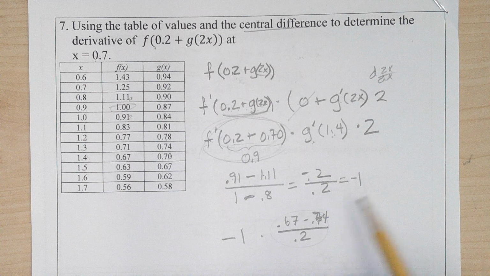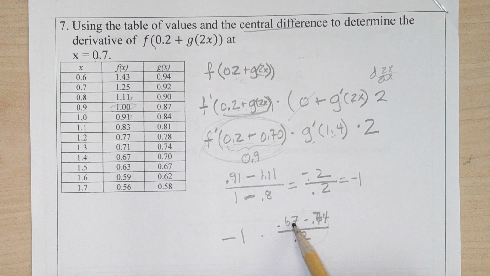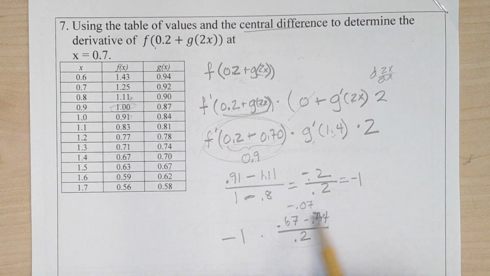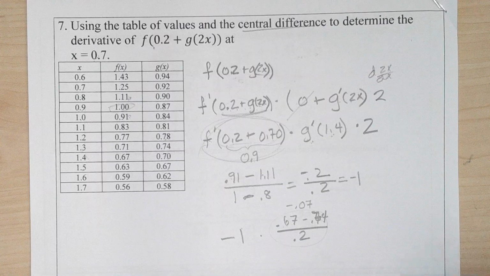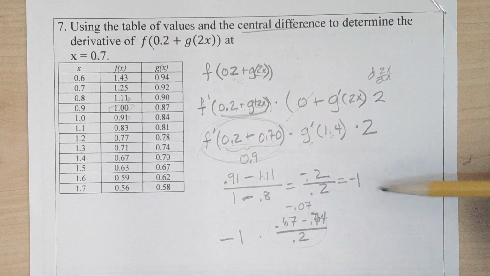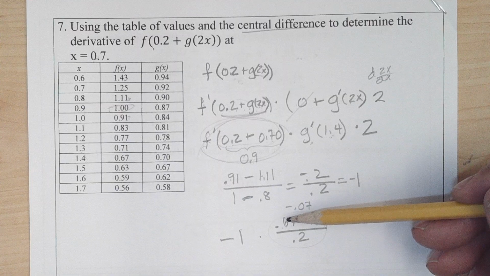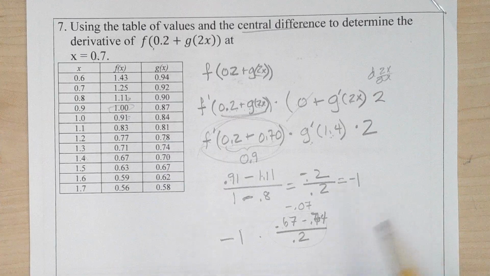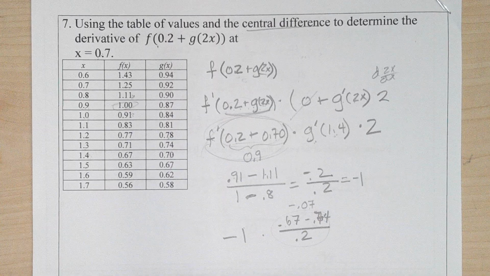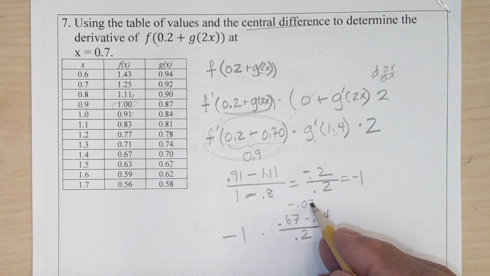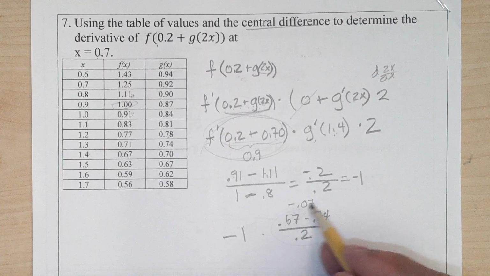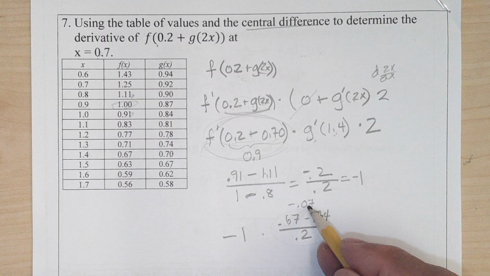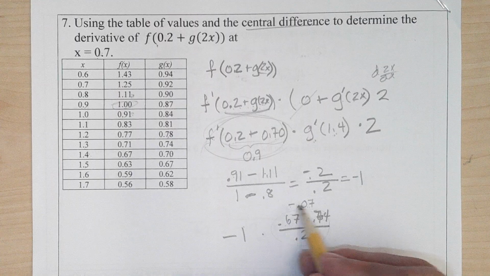So what does this equal? Well, this is going up by 0.07. So I think that's, if I subtract it the other way, I'll get the negative of the answer. And from 67 to 74 is 7. So in that place, yes. And I've got to divide by 0.2, which is, if I multiply numerator and denominator by 10, I get 0.7 divided by 2, which is 0.35, negative 0.35.